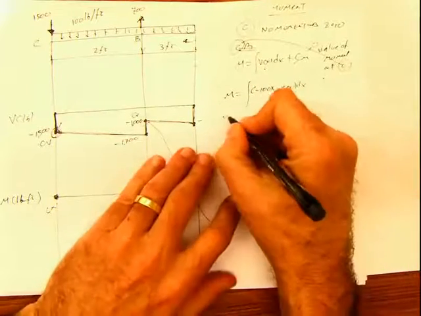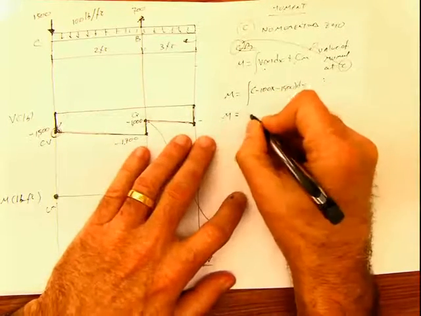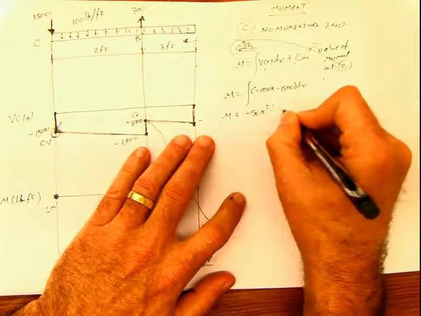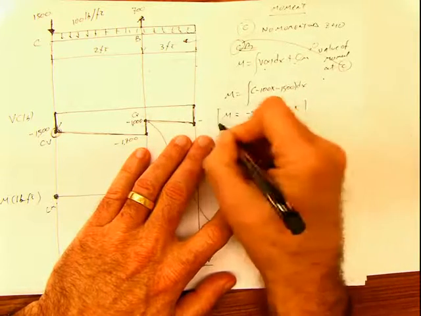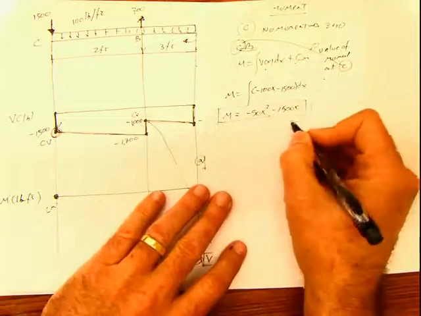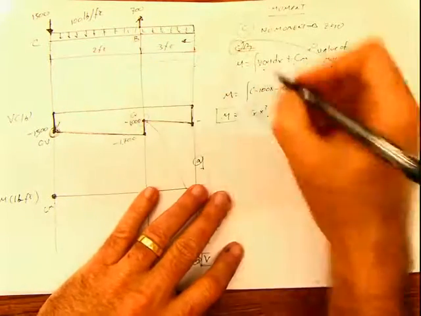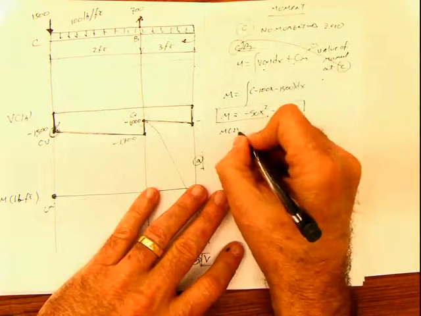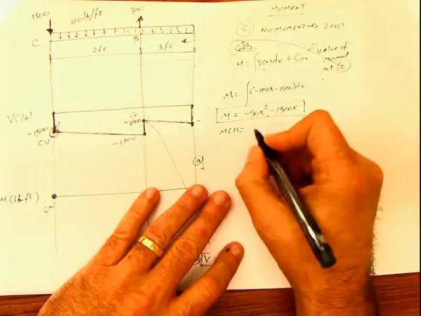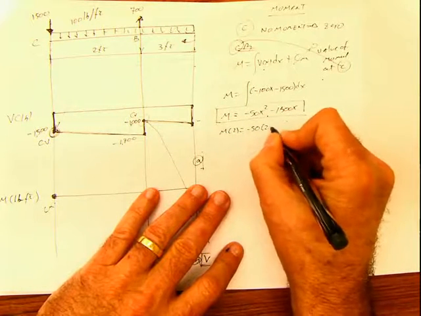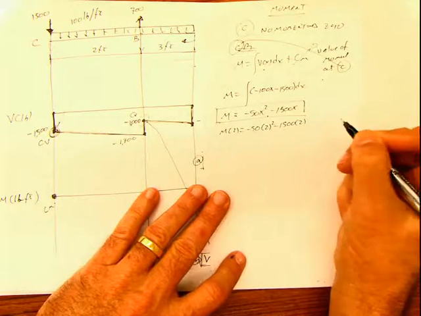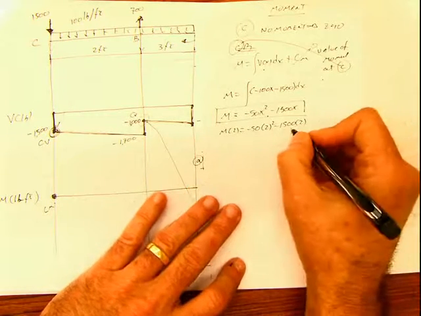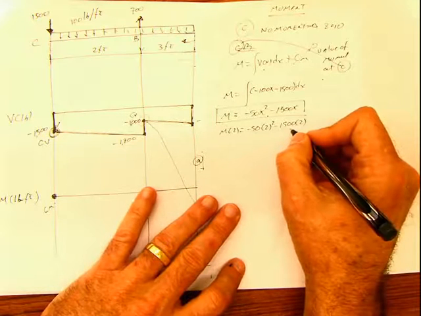So the moment is going to be equal to negative 50x squared, negative 1500x. For x equals 0, moment is 0. For x equals 2, this is negative 50 times 2 squared, negative 1500 times 2, 200, 1700, right?